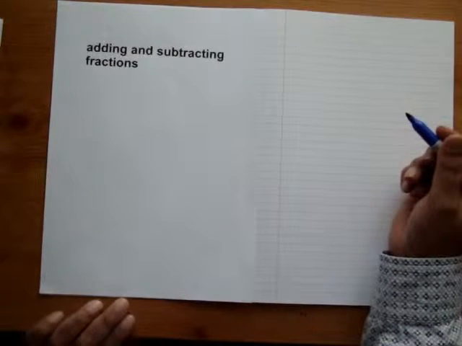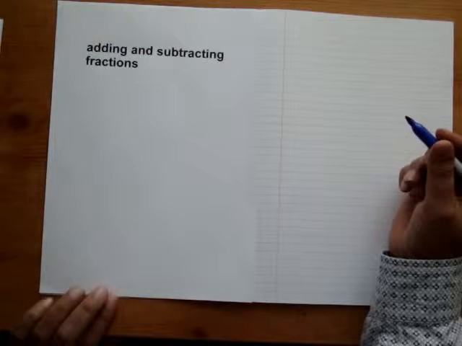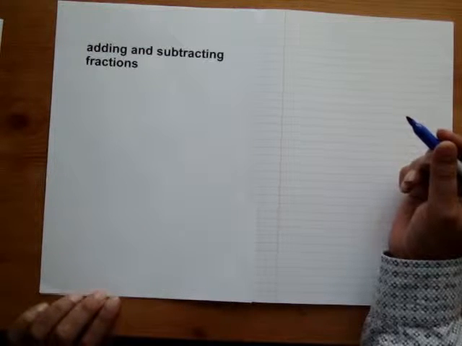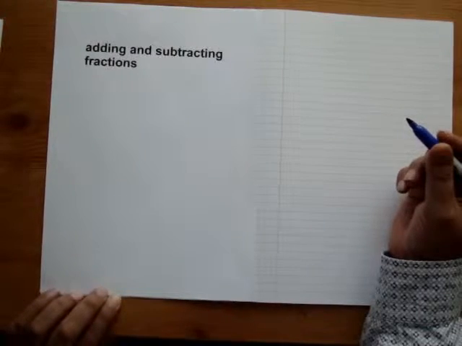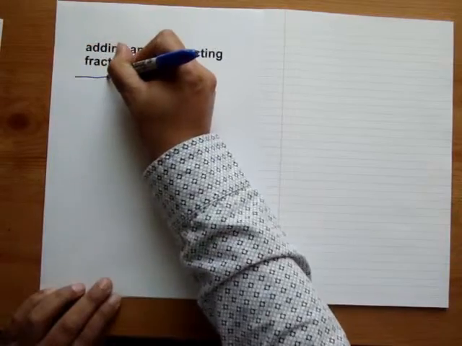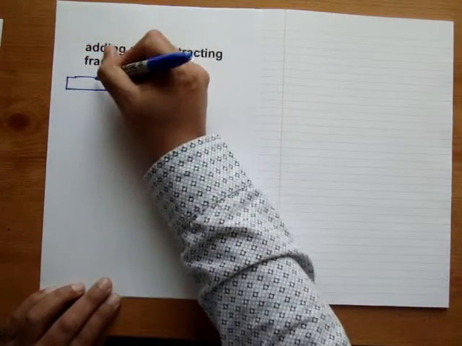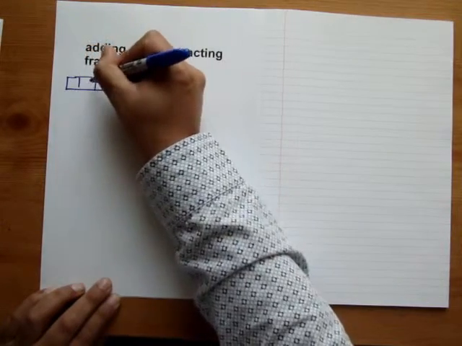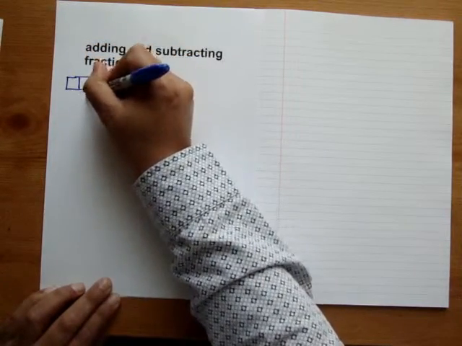Now when we are adding and subtracting fractions, the most important thing to bear in mind is making the denominators the same in the fractions that we're adding together. If we visualize this with a little diagram, divided into thirds, and that's a third, and that's a third.